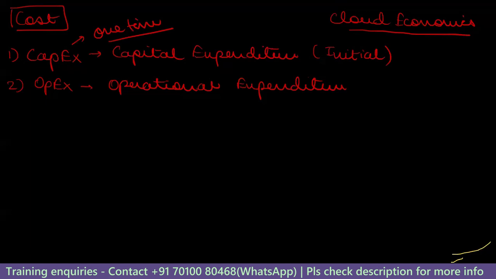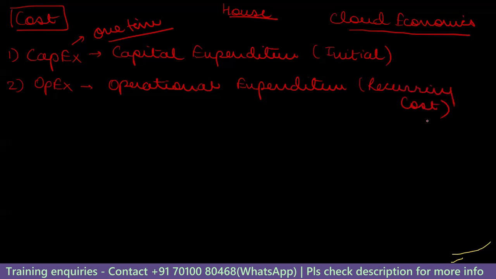Then you come to the operational part of it. Yes, for your house, you will have electricity. Yes, you will have house tax, you will have water tax. All of that has to be paid annually. This is operational expenditure. This is recurring cost.